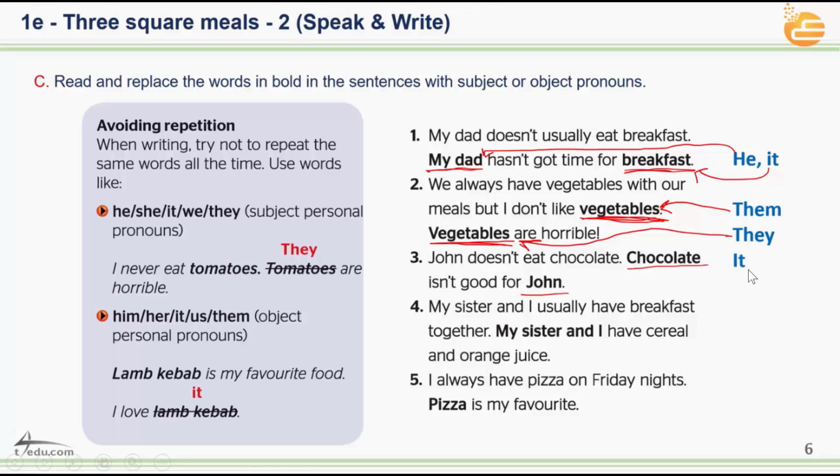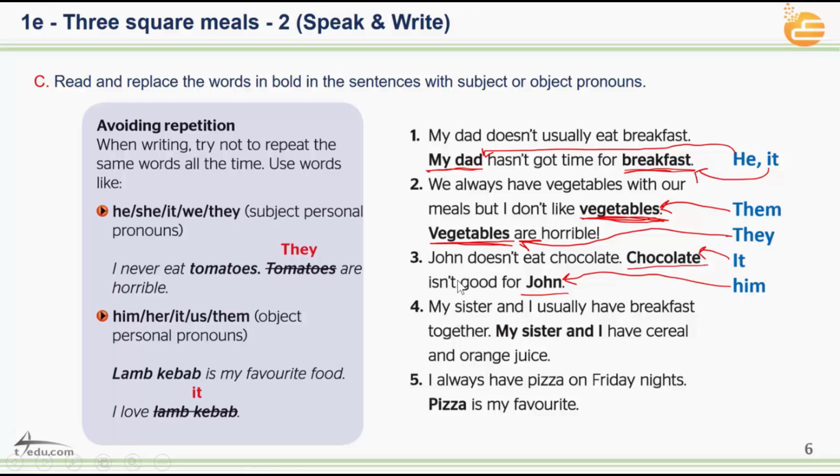It, exactly. It isn't good for. This is at the end of the sentence. So what do you think? It isn't good for him. That's right. Excellent. So we have to change this one with it, and this one with him.